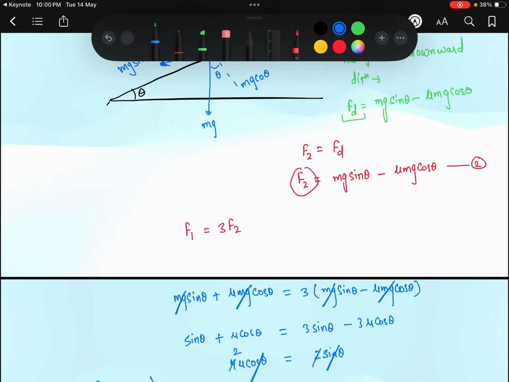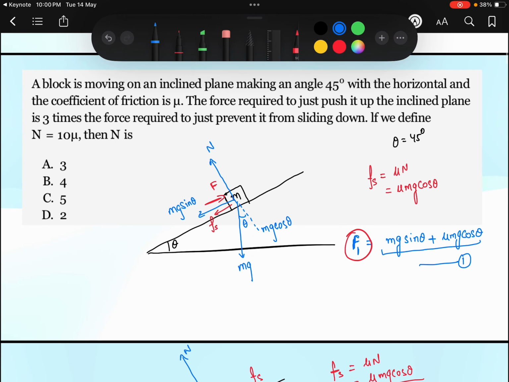Now what is given in the question is a relation between this n and mu: n is equal to 10 mu.